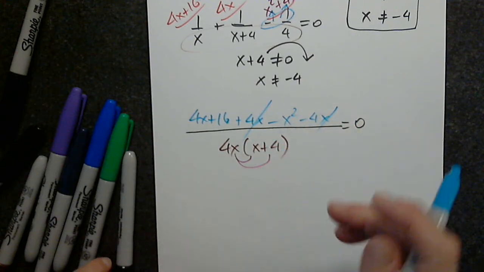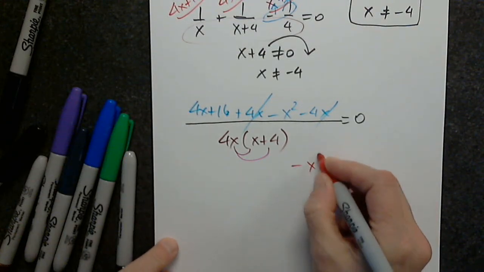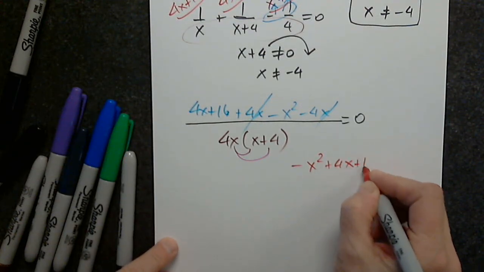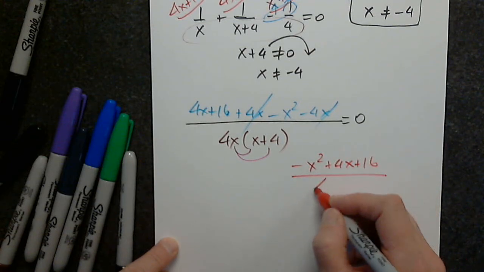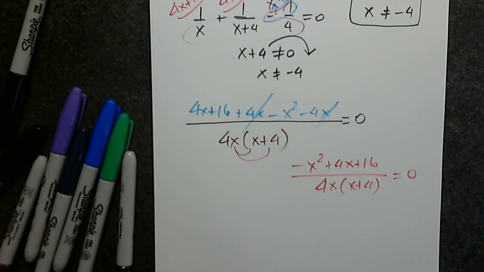So the negative 4x with the positive 4x, now I have to combine like terms. And now I rearrange everything in descending order. So negative x squared plus 4x plus 16 divided by 4x times x plus 4 equals 0. Any questions so far?